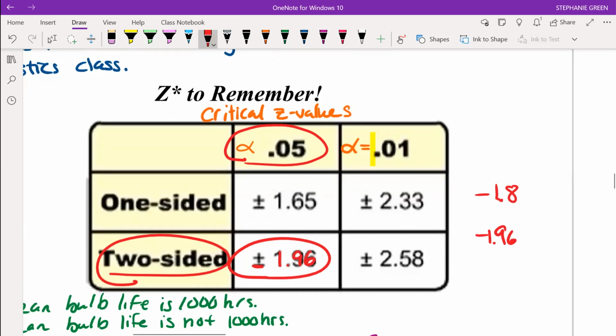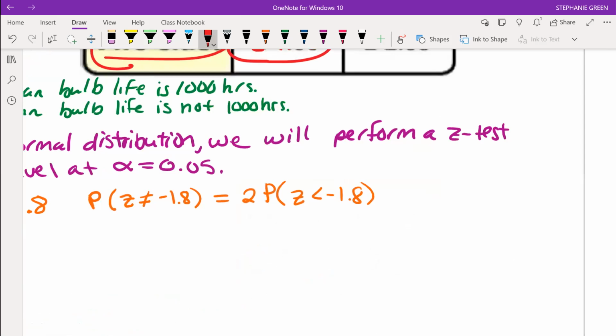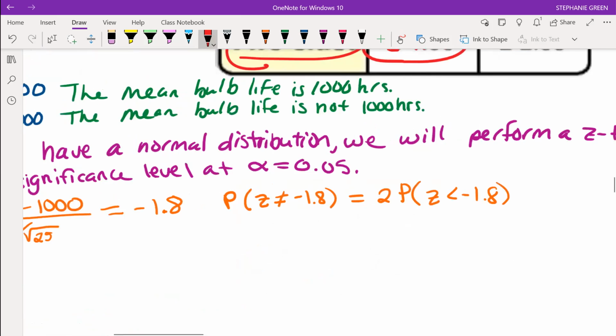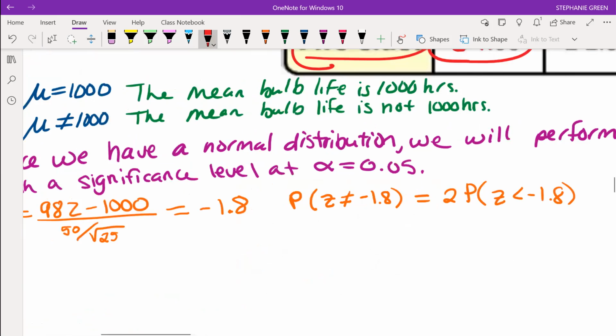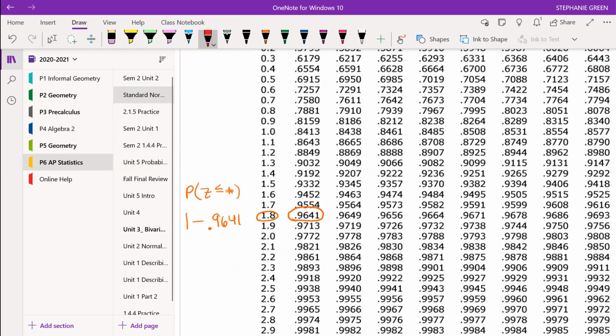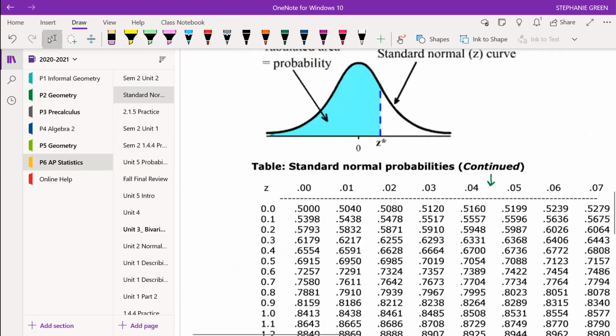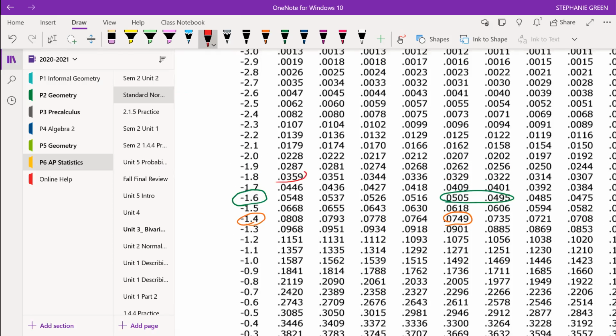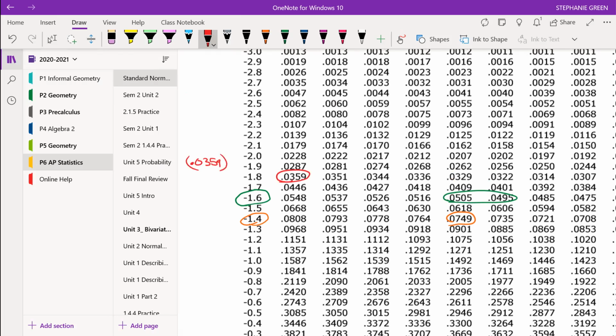In fact, if I continue and get the p-value, I didn't have it calculated here, so I'll look at my standard normal table. That's the first page, negative 1.80 is right here. The area below that, which is exactly what we want, is 0.0359. Then I double that to get the other tail as well.